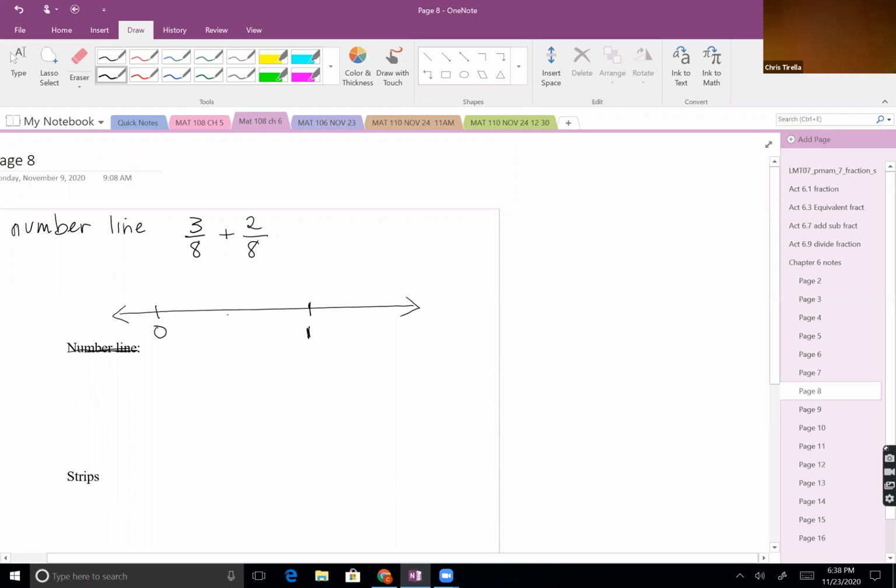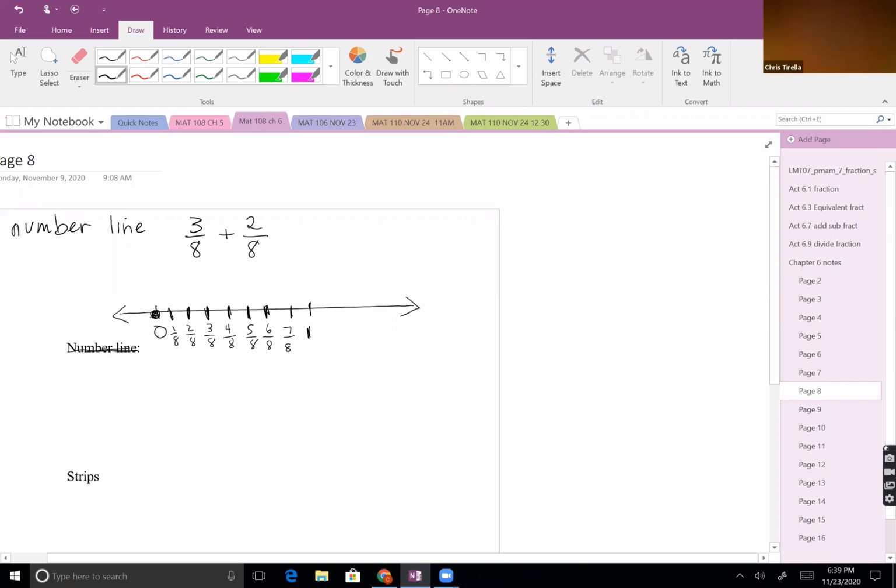And so on my number line, I'd want to divide it into eighths. This would be 1/8, 2/8, 3/8, 4/8, 5/8, 6/8, 7/8, and then I'd have 1.